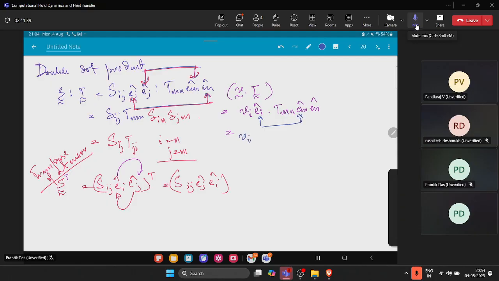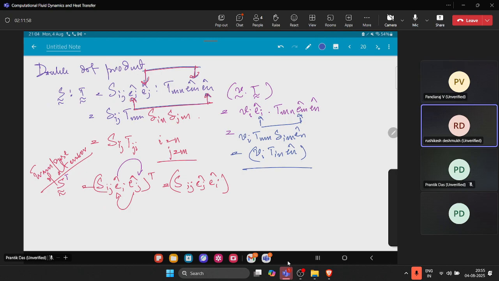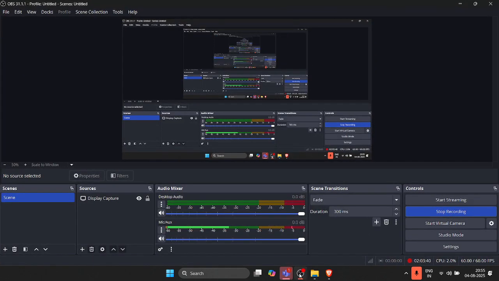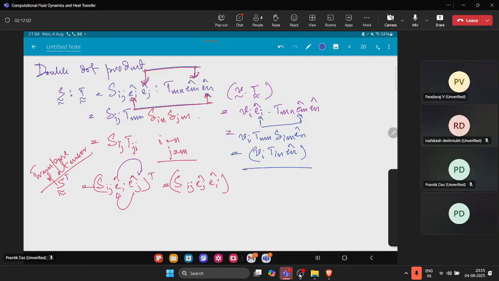So v_i T_mn delta_im e_n cap. Okay. So v_i T_in e_n cap. So is it clear to all of you? Rushikesh Pandya? Okay. I think it is clear to both of you.